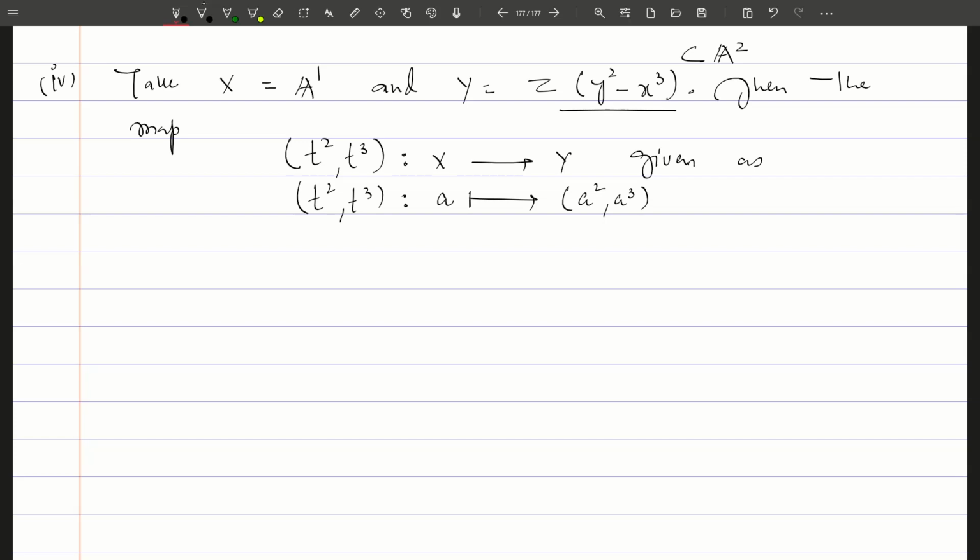So of course this point lies in the zeros of this polynomial equation. So this is a polynomial map, and this is inside Y. So clearly, let us call this phi. So clearly phi is a polynomial map.